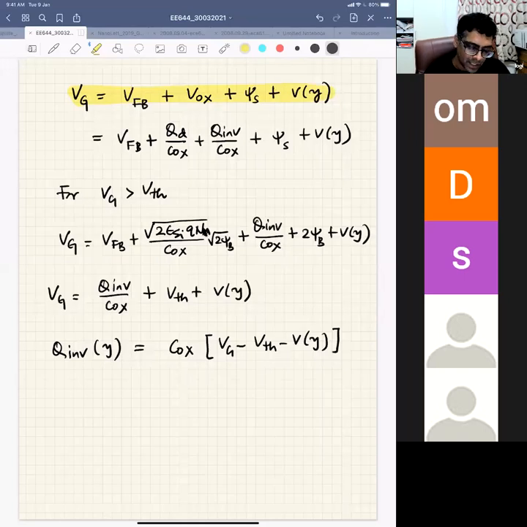So I could write VFB plus Qd by Cox plus Q inversion by Cox, total silicon charge divided by Cox, plus psi s plus Vy. I'm looking at Vg greater than Vt, because for the IV characteristic we started with a gate voltage more than threshold.